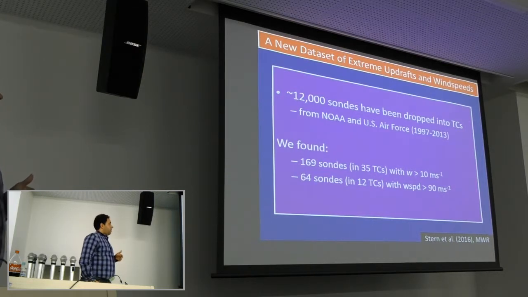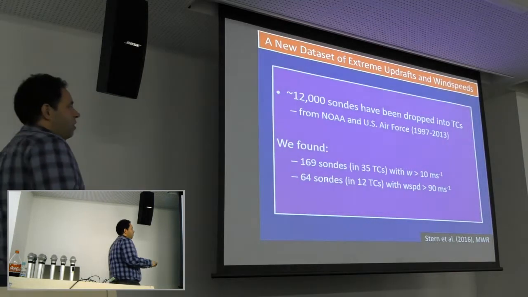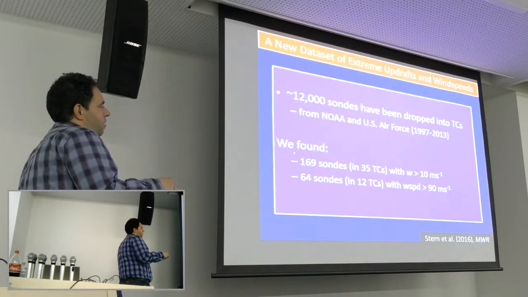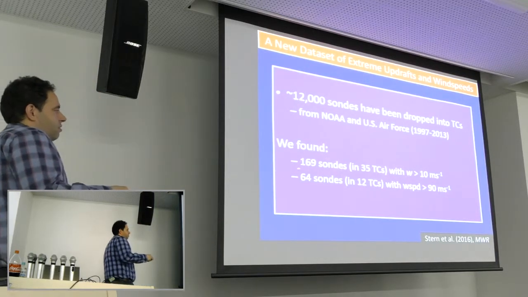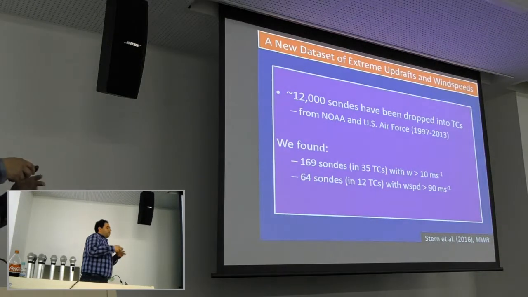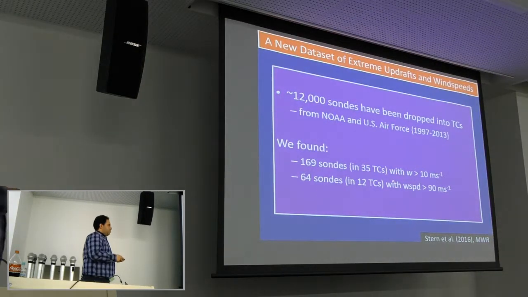And so after careful manual quality control on all the candidate dropsondes, I finally ended up with a final data set of 169 dropsondes in 35 different tropical cyclones that had sampled an updraft stronger than 10 meters per second. And again, all of these are low-level updrafts because the flights are almost all below 3 kilometers height.